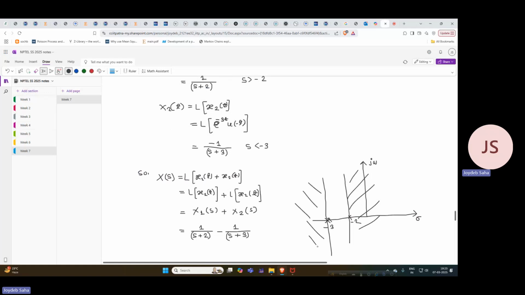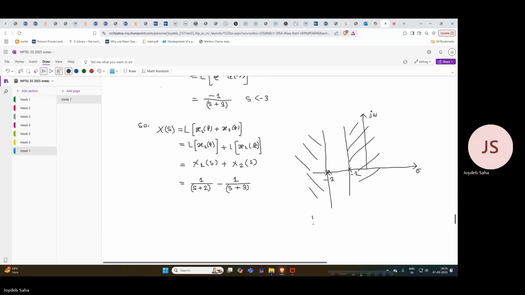So there is no common region. Directly we can write no ROC, region of convergence.